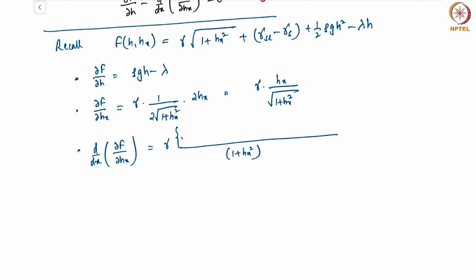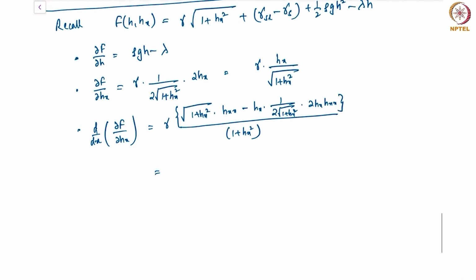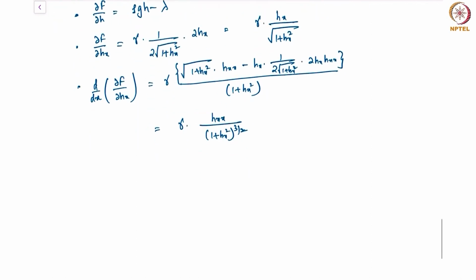I have h_x, and if we simplify this, we are simply going to get gamma times h_xx by 1 plus h_x square whole power 3 by 2. This is what we have so far, right?